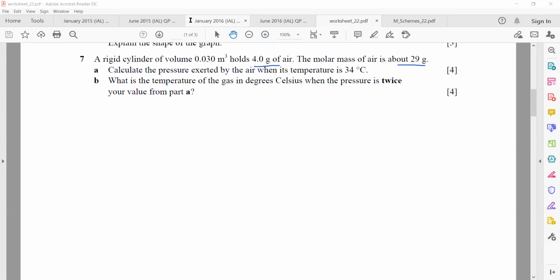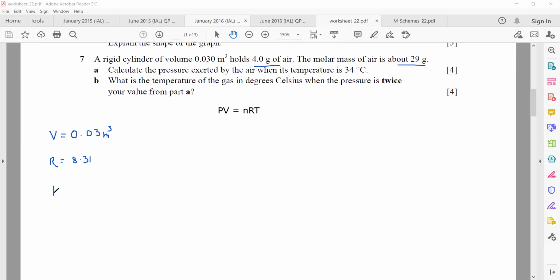To use the general gas equation, we have PV equals nRT. P is the pressure which we are finding. V is the volume, and here the volume is already given in meter cube, so we don't have to convert. That's equal to 0.03 meter cube. R is the general gas constant, which is 8.31 joule per mole Kelvin.